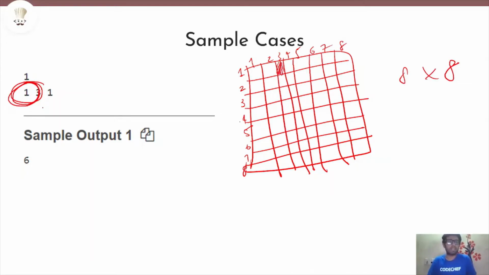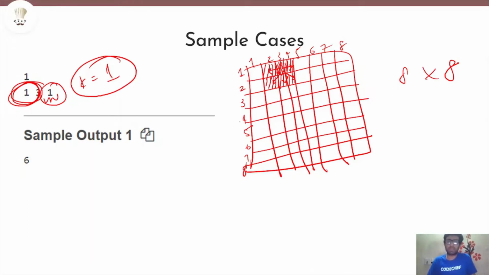So how many cells can the king visit in just one move? K equal to 1. In just one move, how many cells can the king visit? The king can go left, right, down, and diagonally. This means these are the cells that the king can visit for K equal to 1. So there are 6 possible cells.